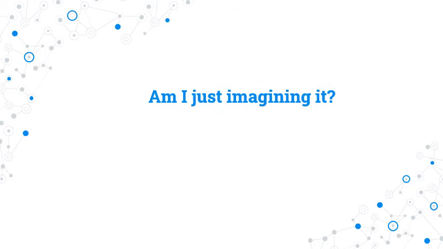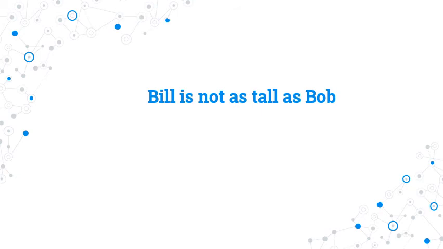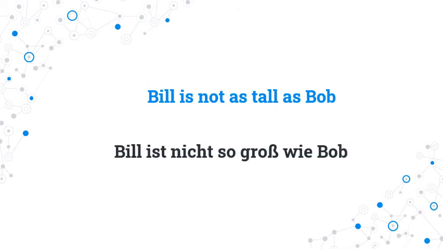How do you say, am I just imagining it, in German? Bilde ich mir das nur ein? How do you say, Bill is not as tall as Bob, in German? Bill ist nicht so groß wie Bob.